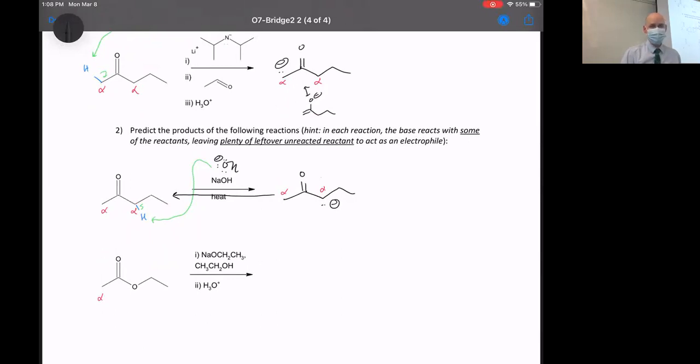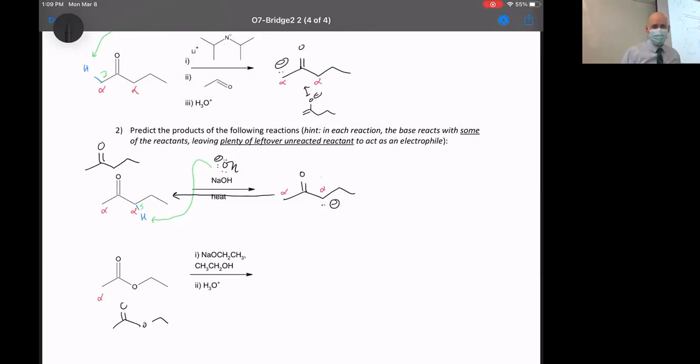So in the aldol condensation or this Claisen condensation, when you add these relatively weaker bases, hydroxide is still strong, you are going to get only a little bit of nucleophile. You still have a lot of electrophile hanging around, and so we don't have a second step where you add your electrophile. They will instead just go back and react with another one of this molecule. So in these cases, you'll always have excess of this hanging around, and so it ends up reacting with another molecule of the same identity.